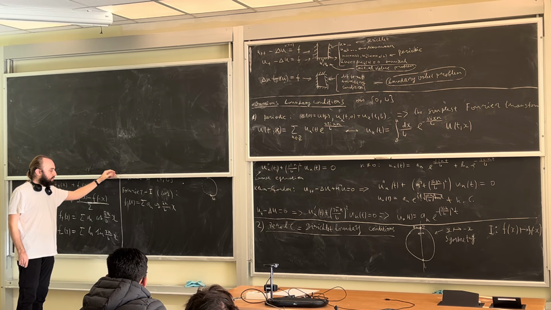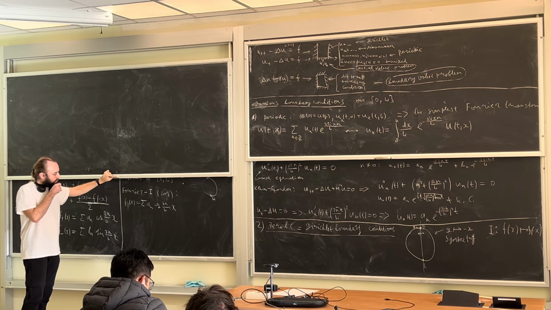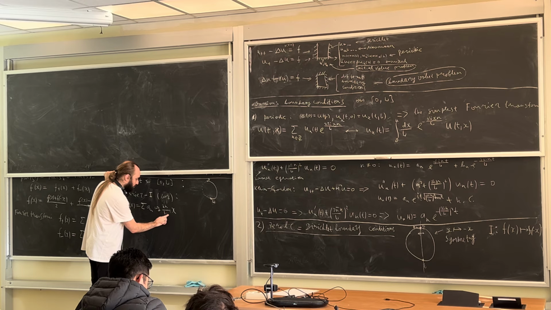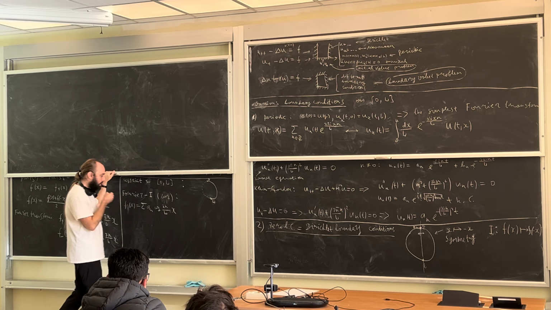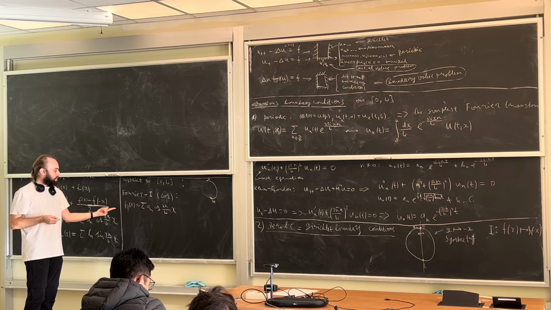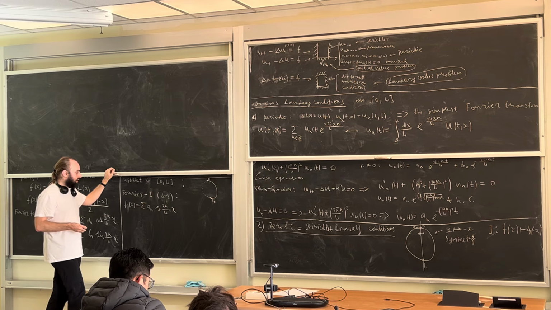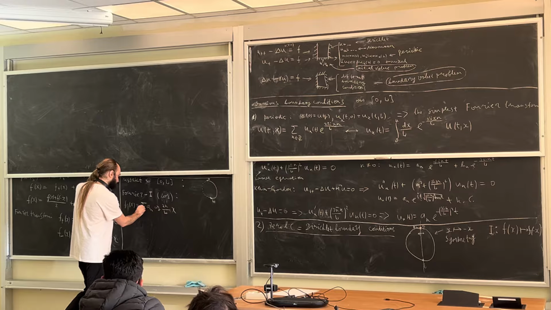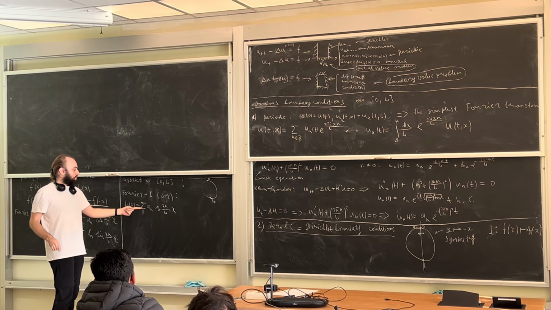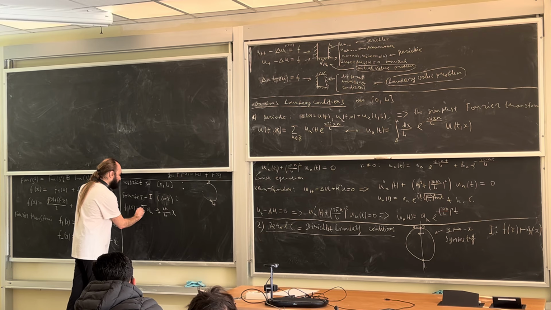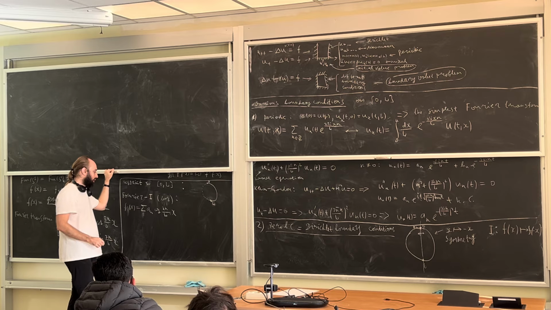And well, probably I don't want to compute it on the blackboard, but we can do this at home: compute a scalar product of such cosines and find the norms.